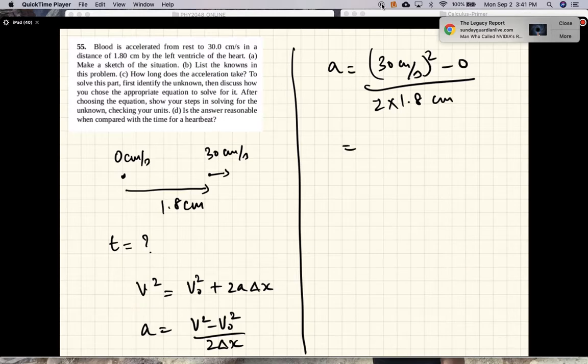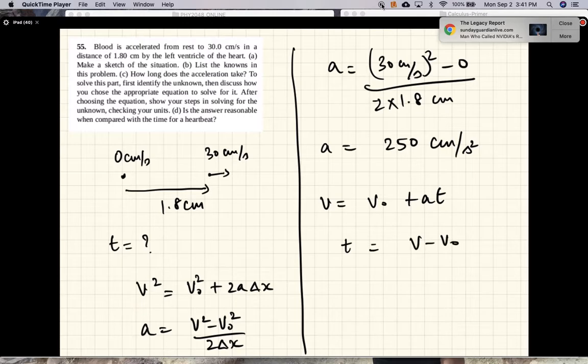And that's equal to 30 squared divided by 3. So 250 centimeters per second squared. That's the acceleration. And now we'll use this equation to calculate the time over which this acceleration happens.